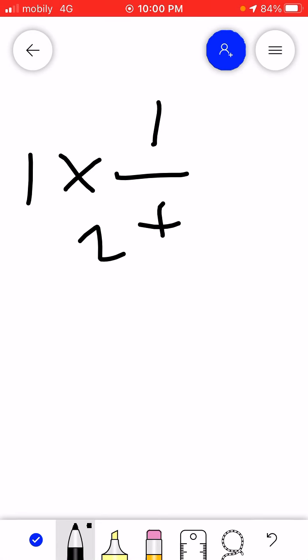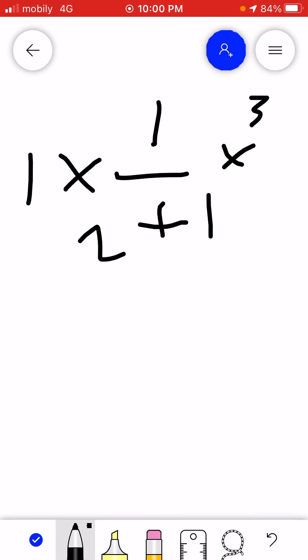Using the first equation, which is the constant times 1 over a plus 1 times x to the a plus 1, and using the first part of the parabola, x squared plus x plus 1, we know that the constant is 1. And then we multiply it by 1 over 2 plus 1, where 2 represents the power of the first term of the parabola equation.